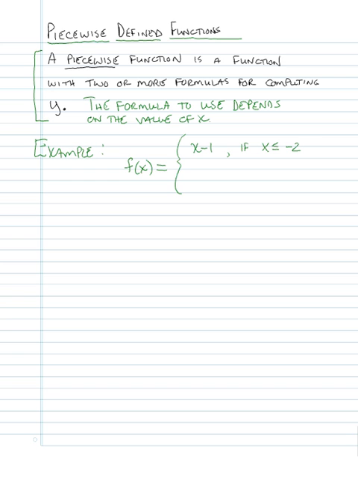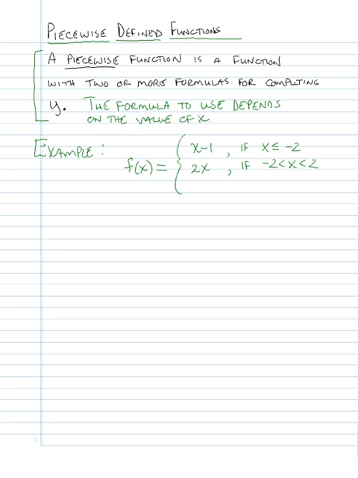Now, if x isn't less than or equal to negative 2, we use a different formula. We use the formula 2x to calculate y with if x is between negative 2 and positive 2, but not including either negative 2 or positive 2.